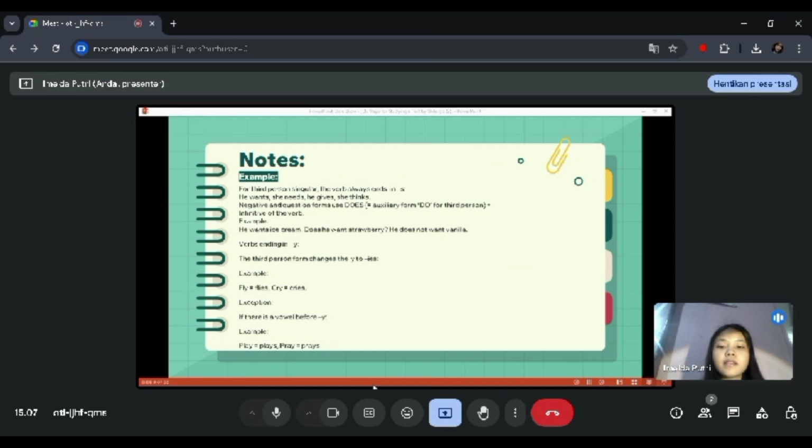He wants, she needs, he gives, she thinks. Negative and question forms use does.